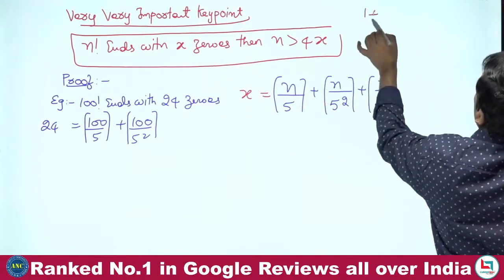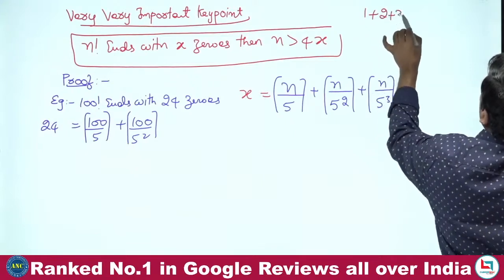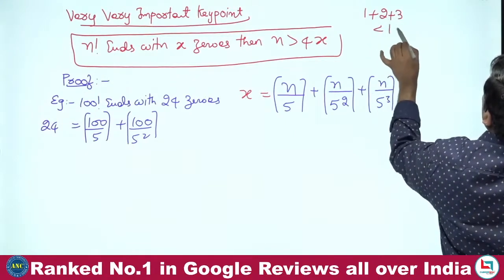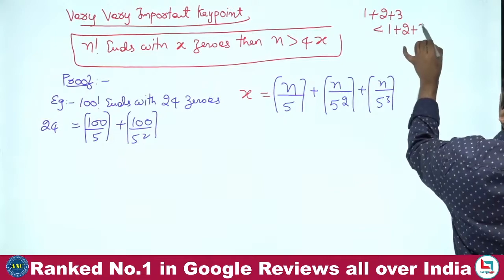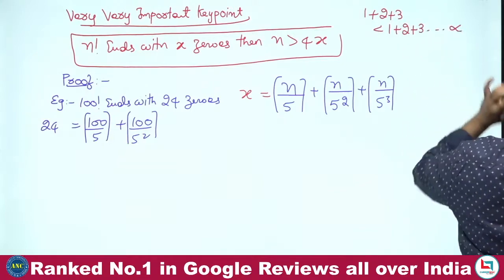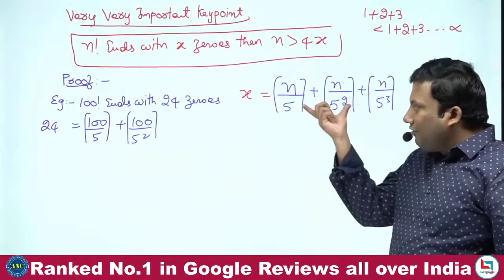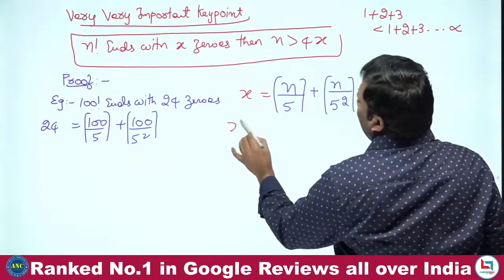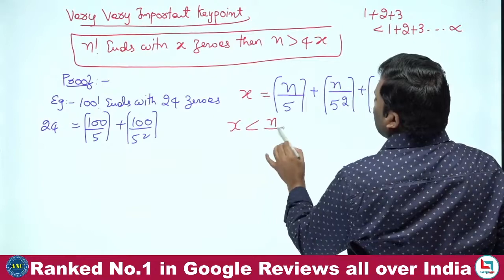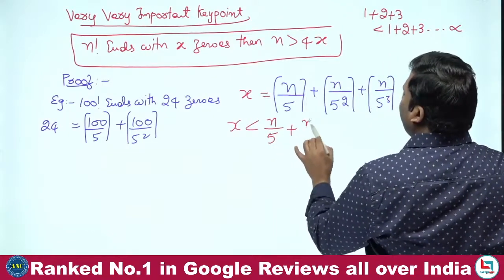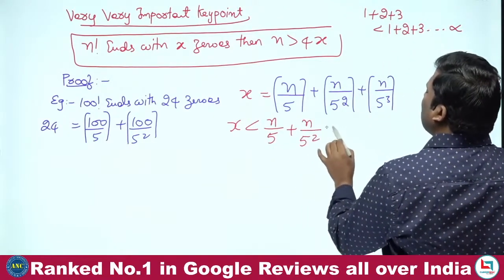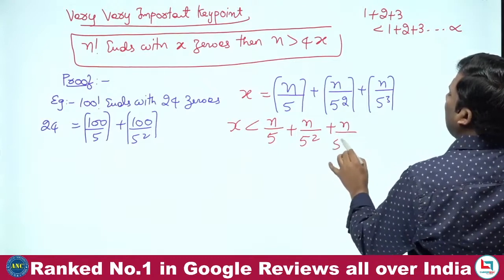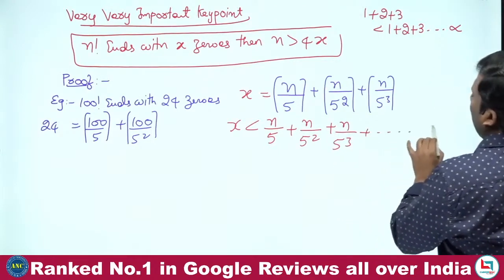So can I say, if it is a finite series, 1 plus 2 plus 3, it is always less than 1 plus 2 plus 3 and so on up to infinite. A finite series is always less than the infinite series. So x is less than n by 5, n by 5 square, n by 5 cube, and so on up to infinite.